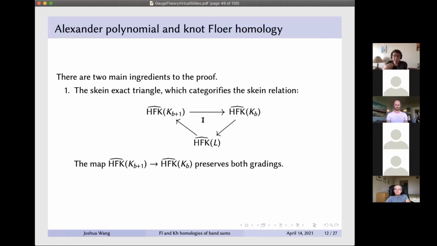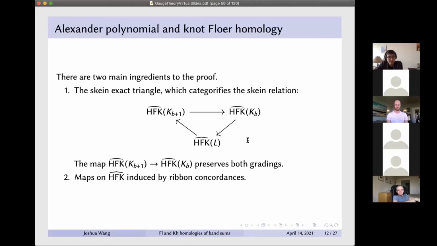And then because the top arrow preserves both gradings, you find that K_B and K_{B+1} have isomorphic knot Floer homologies. It's a nice argument, but it doesn't work because the knot Floer homology of any link is non-zero. So you need a little bit more. You're not handed an isomorphism from the triangle. The other main ingredient are maps on knot Floer homology induced by ribbon concordances. So let me tell you about that.